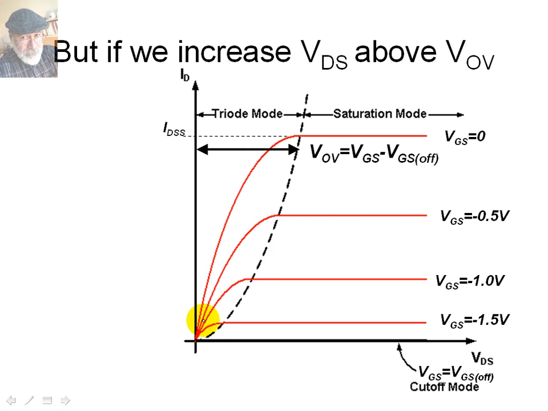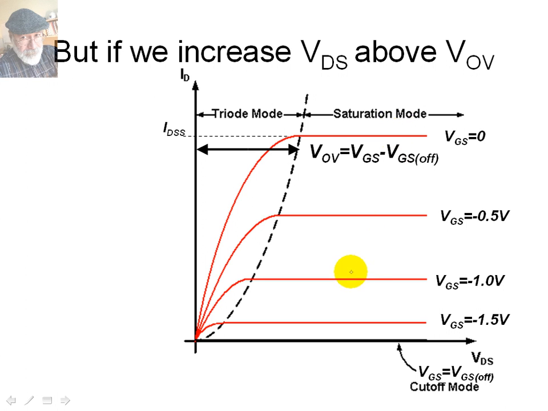Please observe that what we assumed to be straight lines in the triode or variable resistor zone actually are half parabolas. You see, this is half a parabola all the way here, and so are these and that. The boundary between the triode mode and the saturation mode is also a parabola. We will see that soon enough.